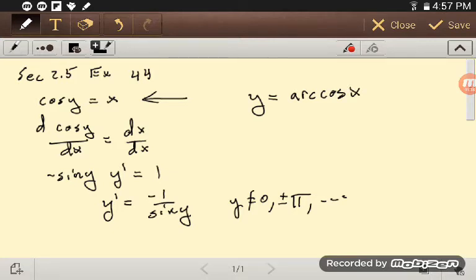And so as I look at that, what is that saying? Cosine of some angle gives me x, and if I have x that was a cosine, then what was the angle that gave that to me?